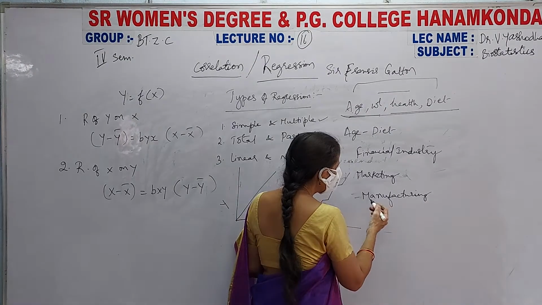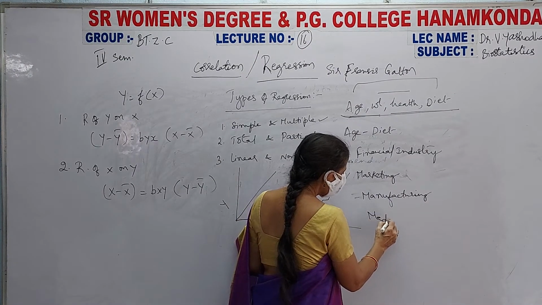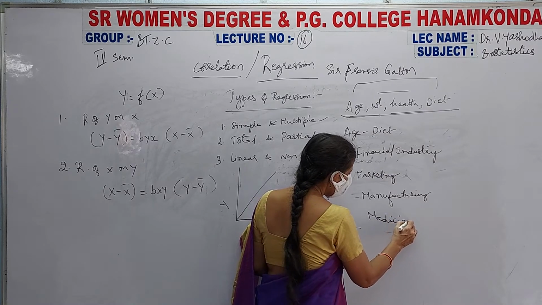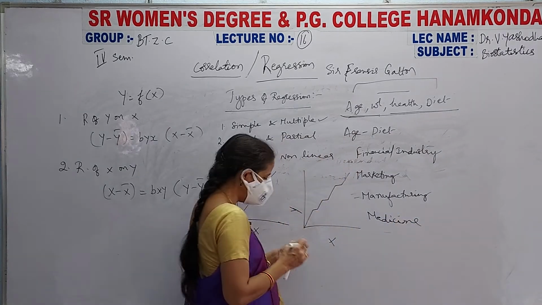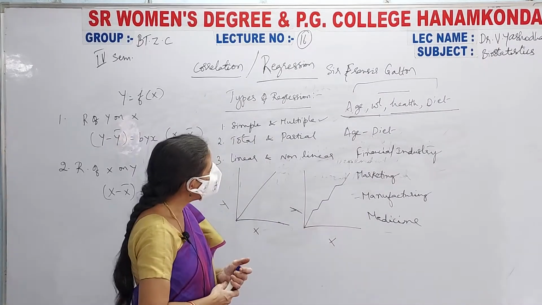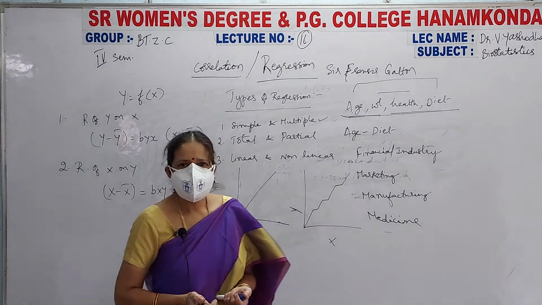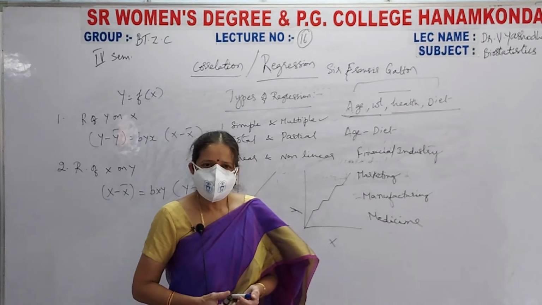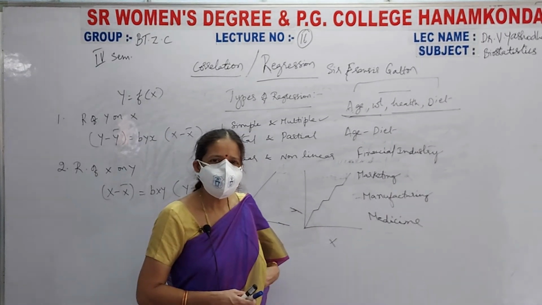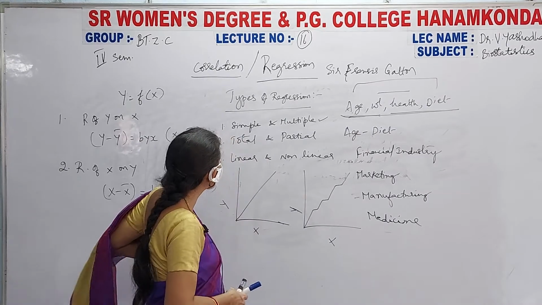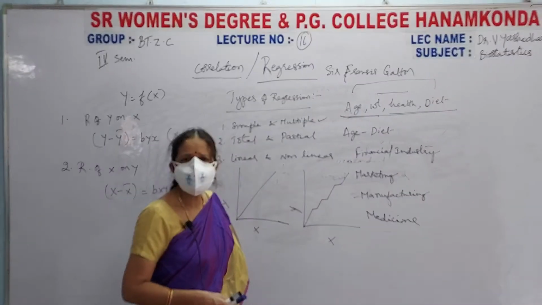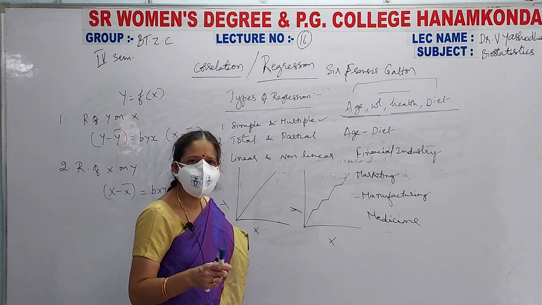Next, it is also useful in medicine or the medical industry, so the pharmaceutical industry. These are the different applications of your regression. Regression is used to know the average relationship between two or more variables.